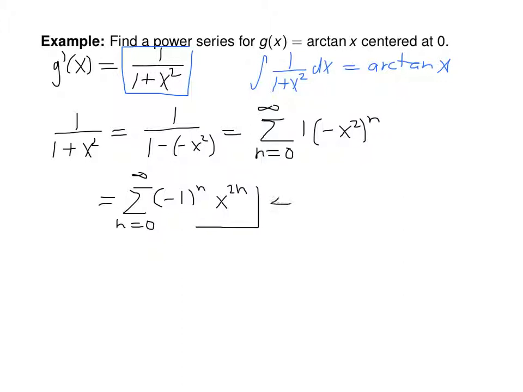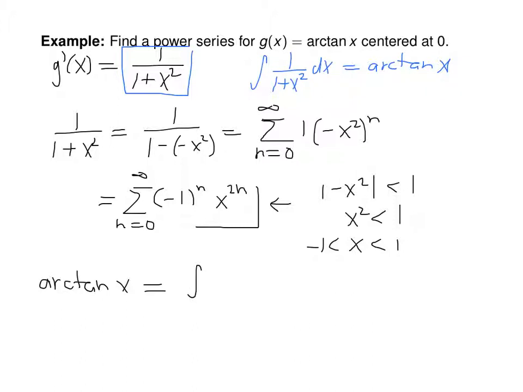So that's for 1 over 1 plus x squared, and it converges so long as negative x squared absolute value is less than 1, which means x squared is less than 1, or x is in between 1 and negative 1. At the endpoints, no convergence. So then to find arctan's power series centered at 0, we will integrate this.